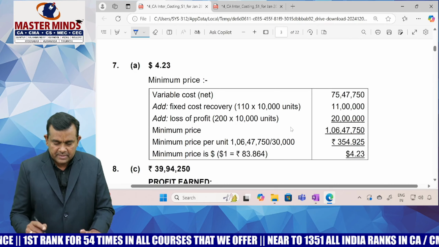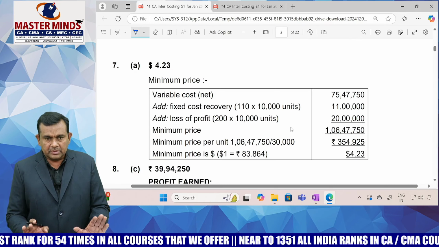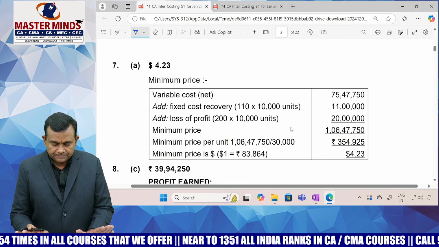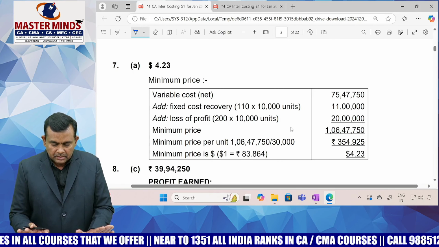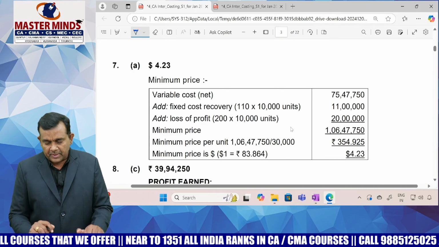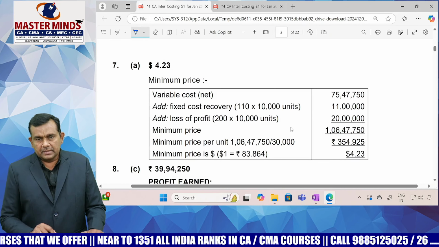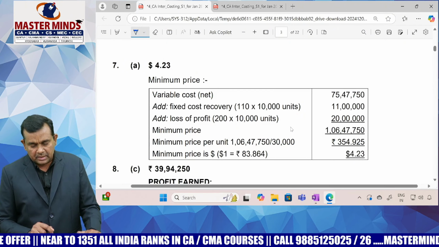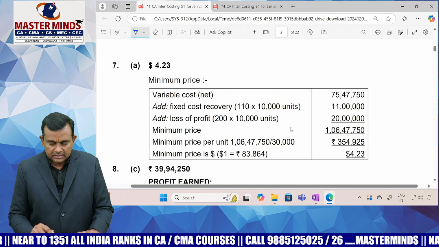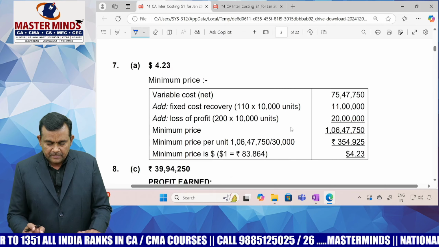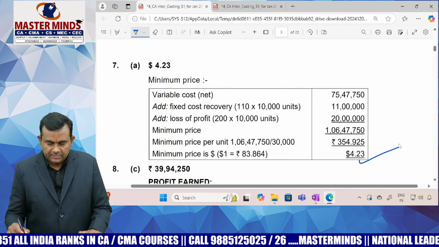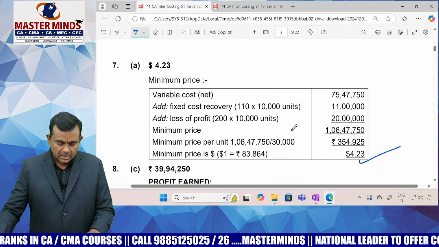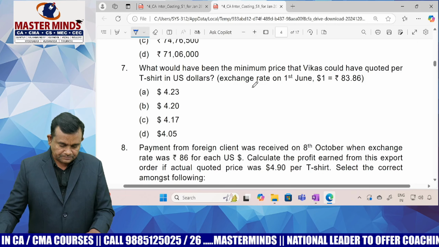First calculate the minimum price, then divide by the volume to get the minimum price per unit. Then convert into dollars at $1 equal to 83.86. The answer will be $4.23, sir.